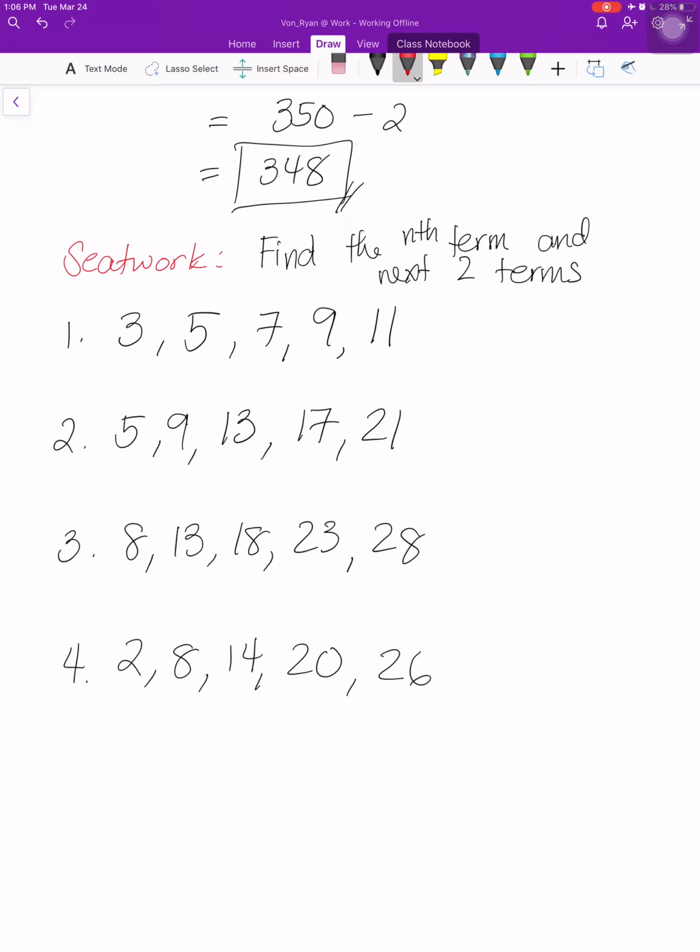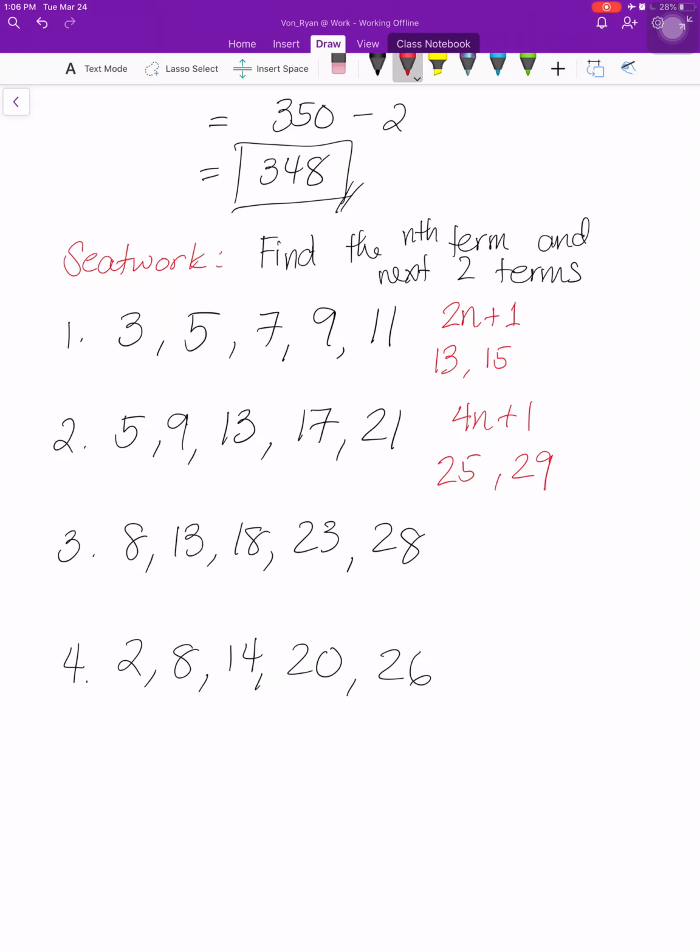Right, so I hope you paused the video, and now I'm going to write down the correct answers. Please mark your work. For this one, it's 2n plus 1, and the next two terms are 13 and 15. It goes up by 2. The next one is 4n plus 1, and it's 25 and 29.